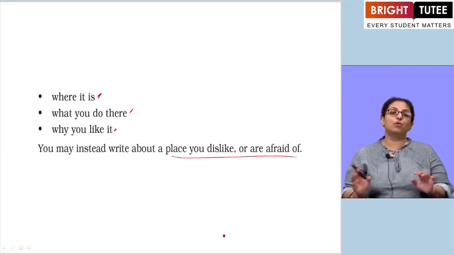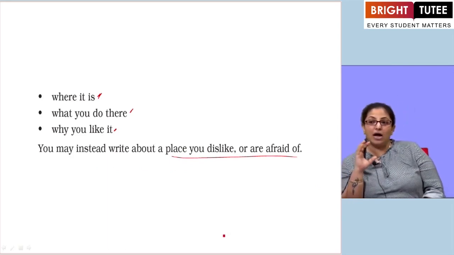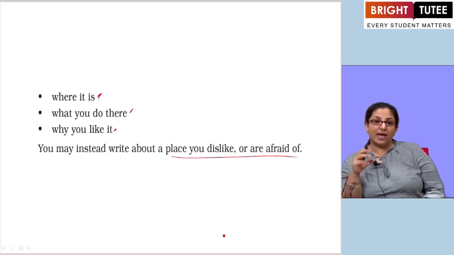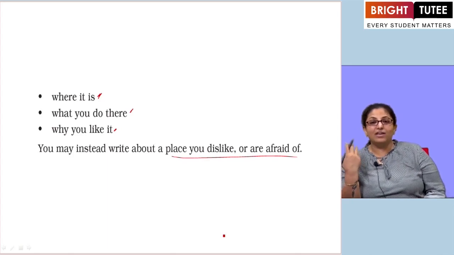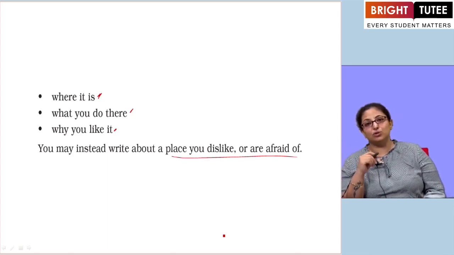Now, we have to go back to the story. We have to read the lines where the banyan tree is described by the author and whatever he used to do there, what activities he used to do there.